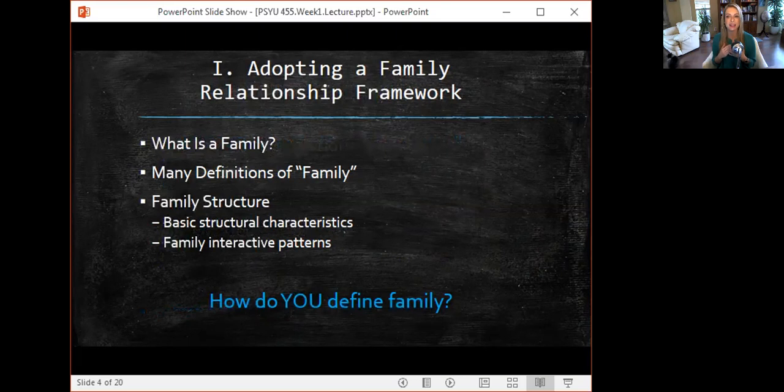So embedded in society at large, it's shaped by a multitude of factors, such as its place in time and history, the race, ethnicity, or socioeconomic status of the family, religious affiliation, and number of generations that the family has been in the country. There are many definitions of family.